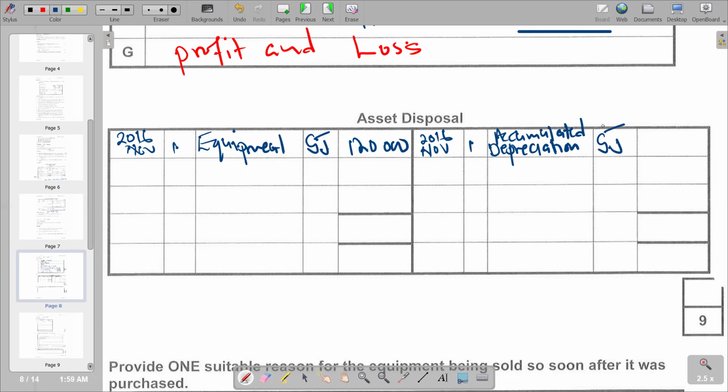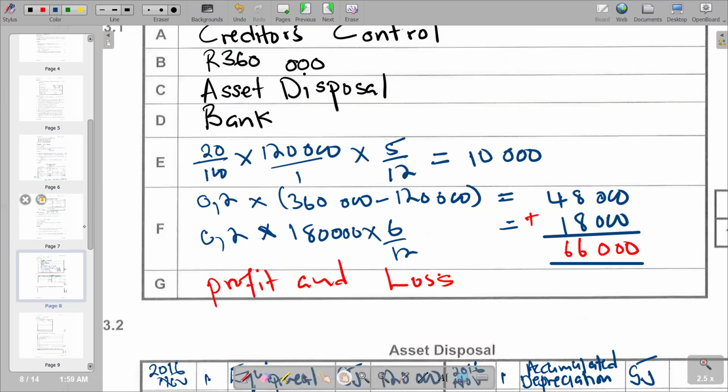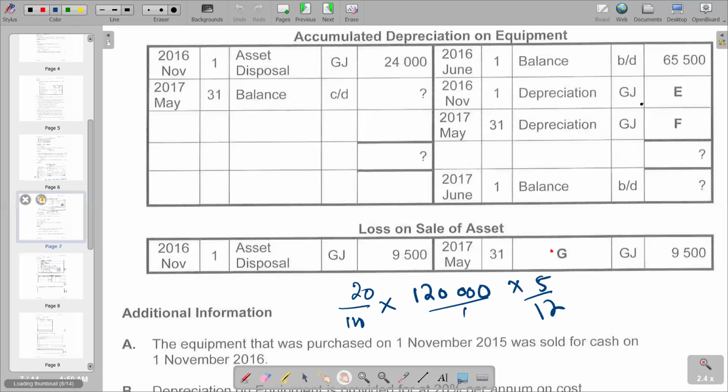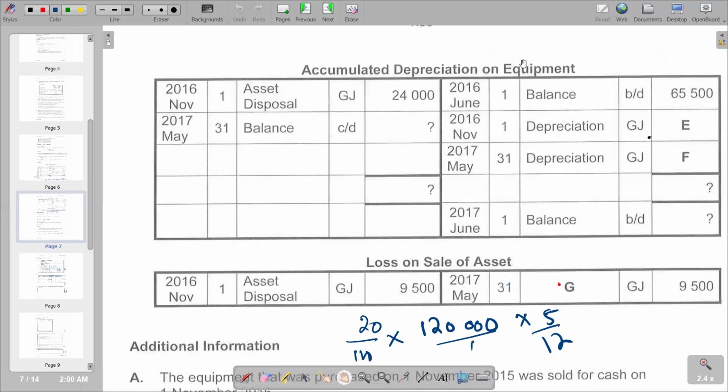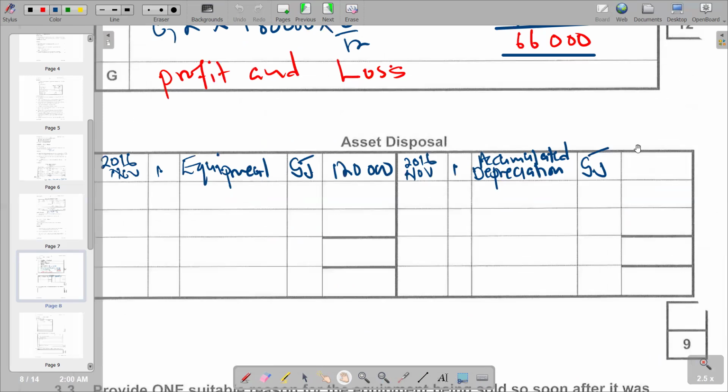So we refer back in terms of the depreciation that we have for that non-current asset. Remember, this is the accumulated depreciation account, and you see that this is the one that is going to asset disposal, 24,000. So go to the credit side, put our 24,000. As clear as that. So we have 24,000 here.